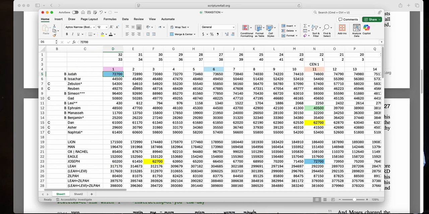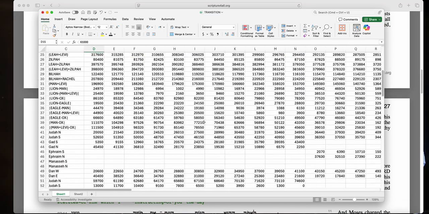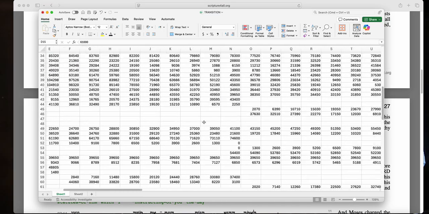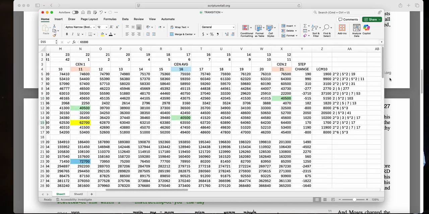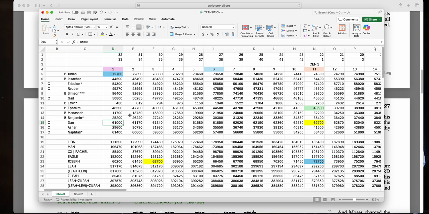So we're at 72,700 for Judah, and then we also see 61,000, which we're going to see show up in the spoils in, I think, chapter 33 of Numbers. It's talking about the asses, and of course we see this number tied in again with our ecliptic number of 39,650. That's going to be your primary factor, 61 times 65, I believe.